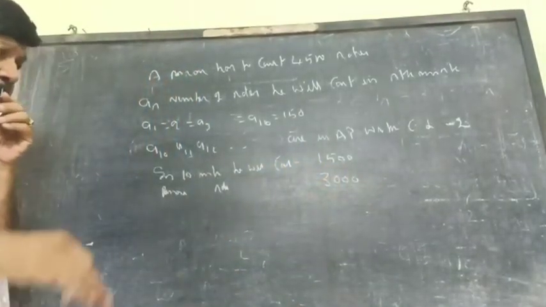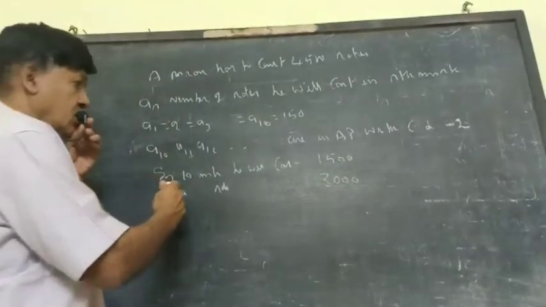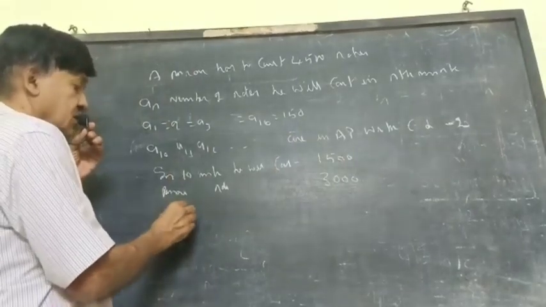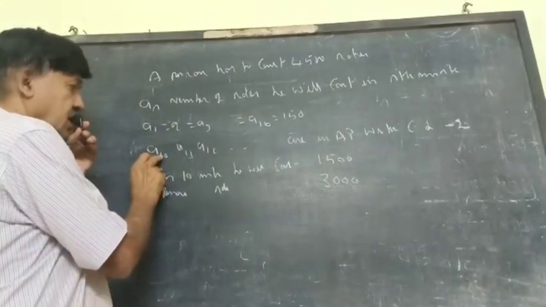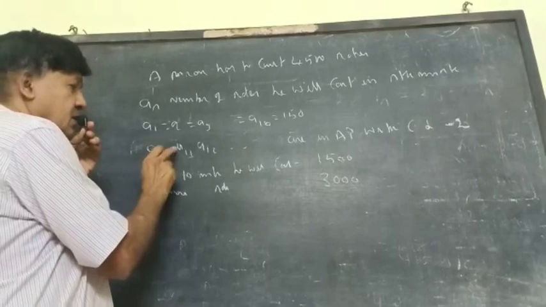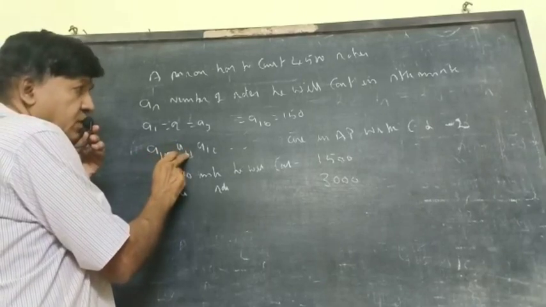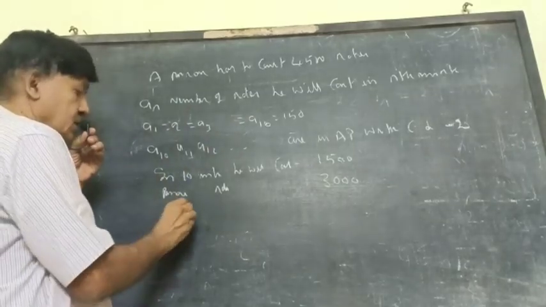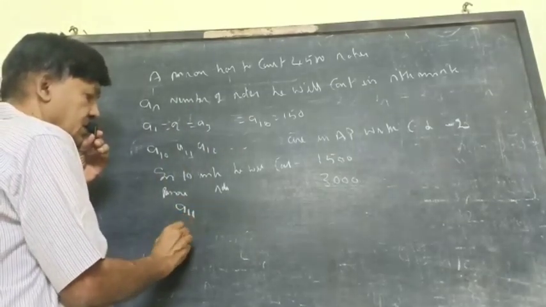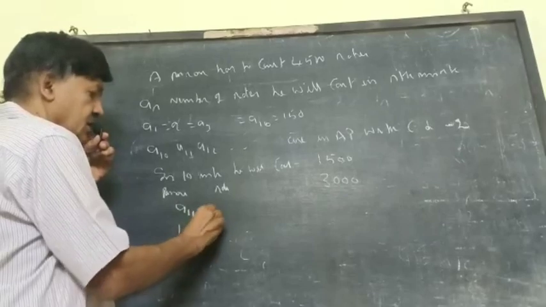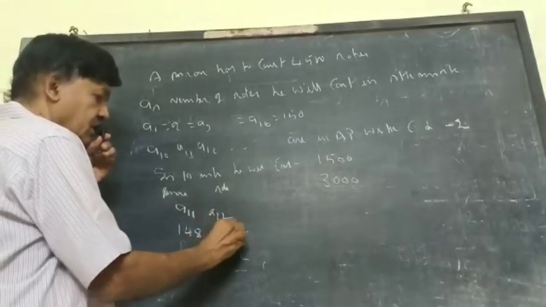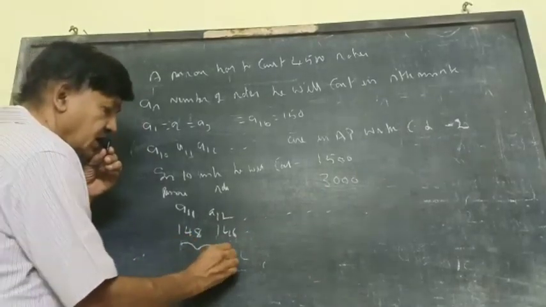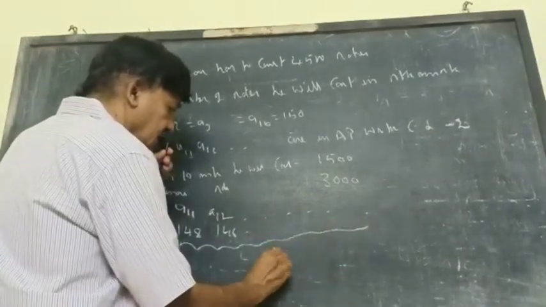Let us say he will take n minutes to count all these notes. Now listen, here A10 is what? 150. A11 is how much for you? 148, because they are all in AP with common difference -2. So A11 is 148, A12 happens to be 146, etc. Let us say he will take n minutes.